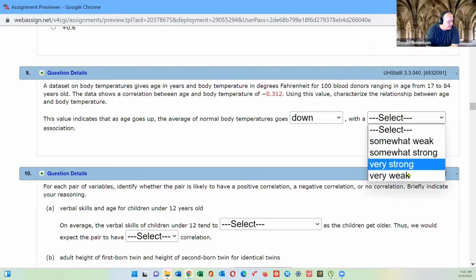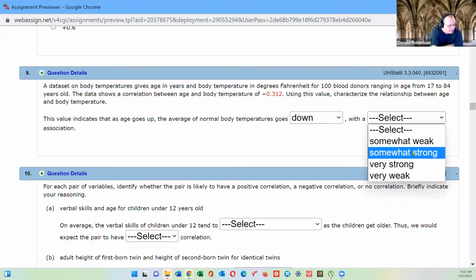Here are your choices. Forget the negative now, 0.312. From those 4 choices, what would you call a 0.312, which is about 9% if you did an R squared on it? Somewhat weak or somewhat strong.